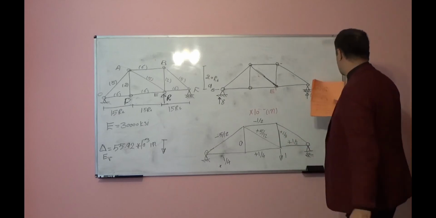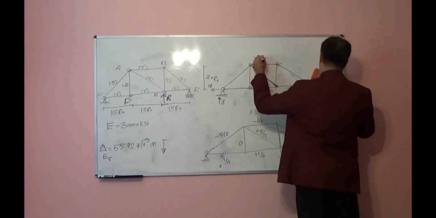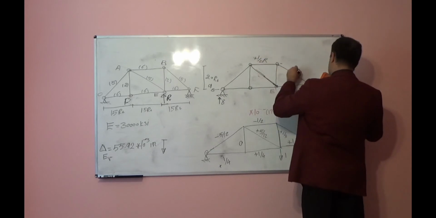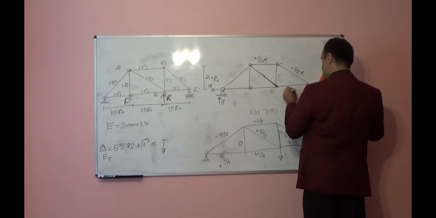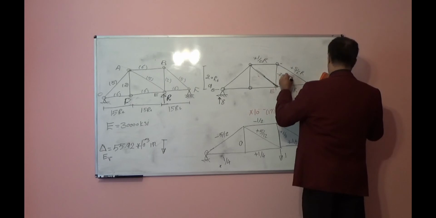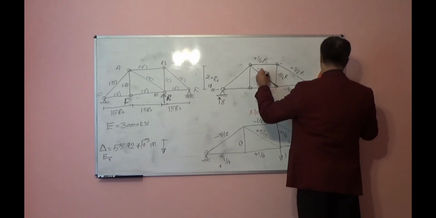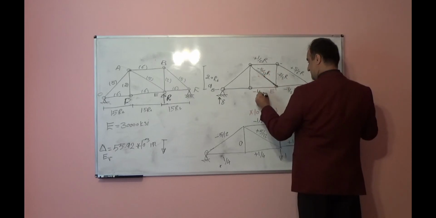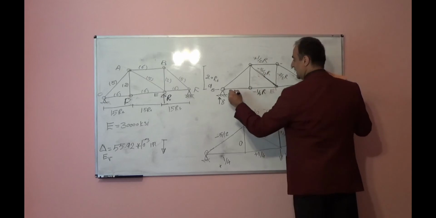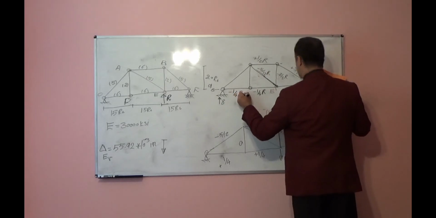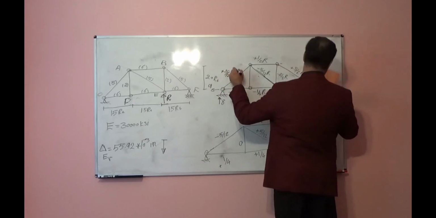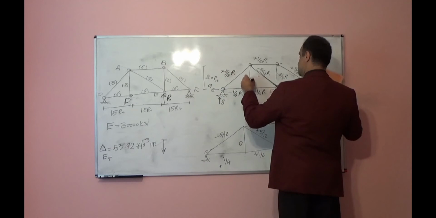If you do that, you will find all forces in terms of R. 1 over 2 R, positive 5 over 6 R, negative 1 over 2 R, negative 2.3 R, negative 5 over 12 R, negative 1 over 4 R, negative 1 over 4 R, plus 5 over 12 R, this is 0.